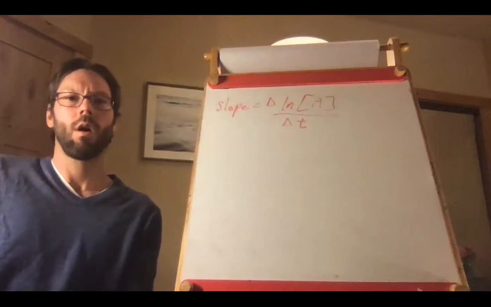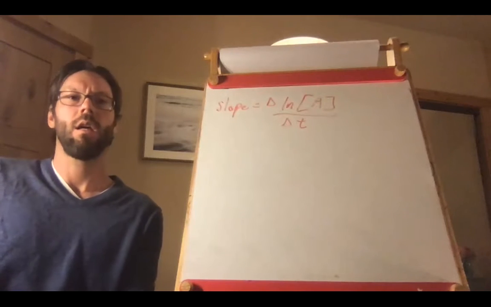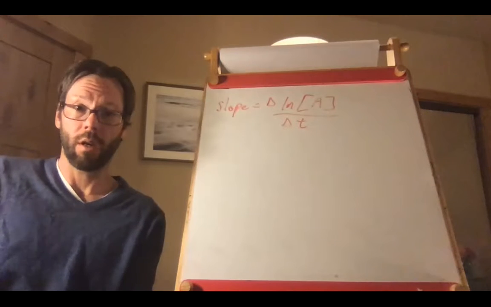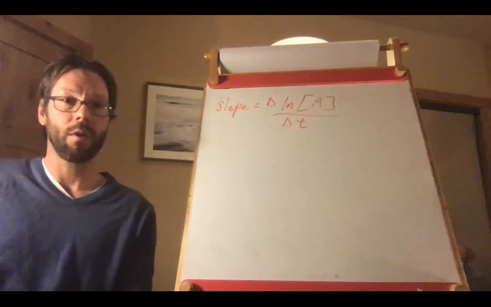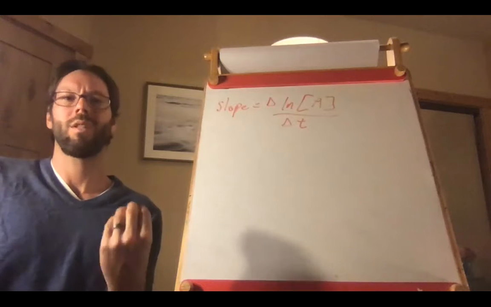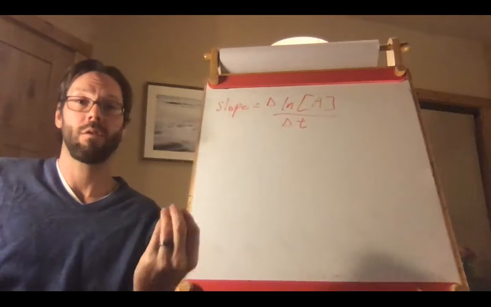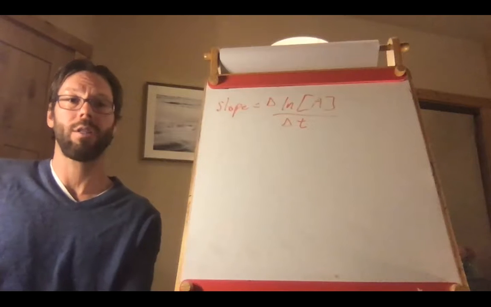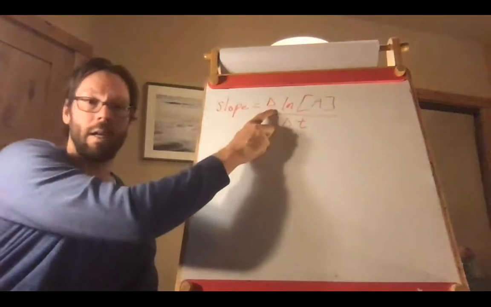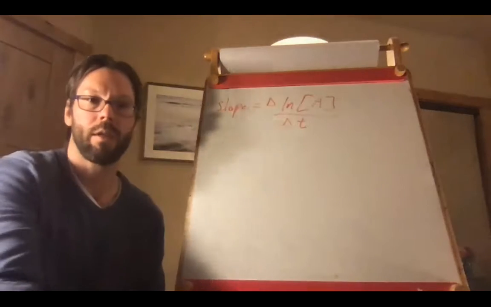Because negative k equals slope, and slope is the relationship of how concentration changes over how time changes. And because we have to use the natural log of that concentration to get a straight line, it's going to be the change in the natural log of concentration over time, right?